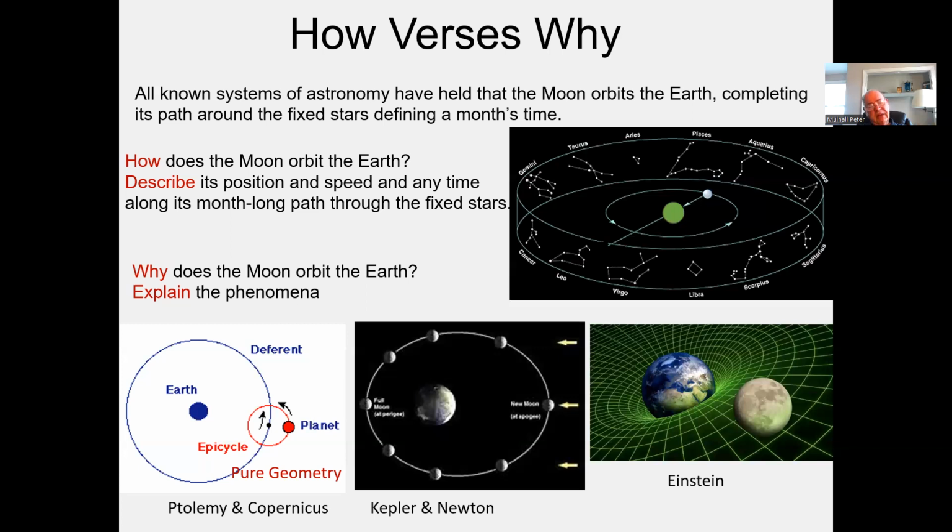In a duration of time, you would know how far it has gone around the deferent circle, how far the planet has gone around the epicycle, and you can pretty easily, using geometry, pinpoint exactly where the planet would be with respect to the Earth.